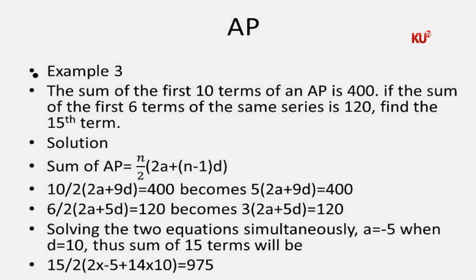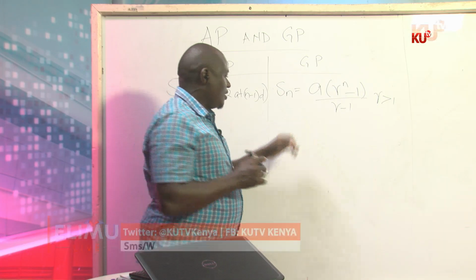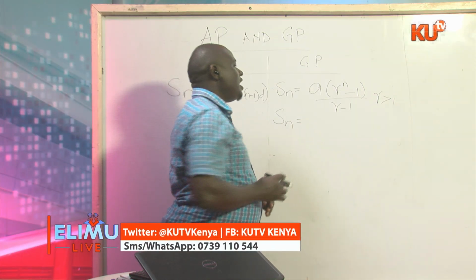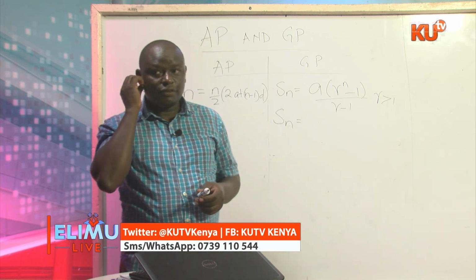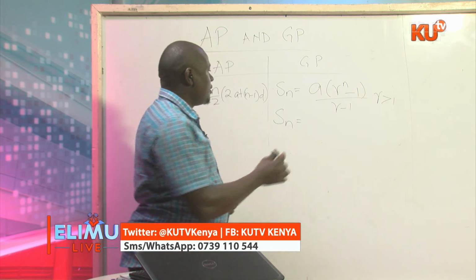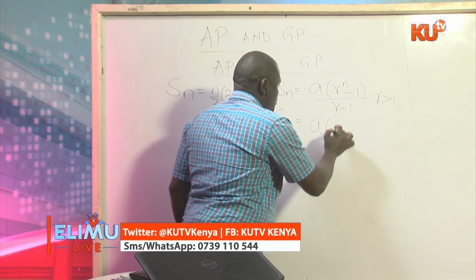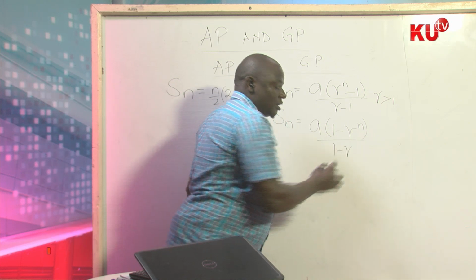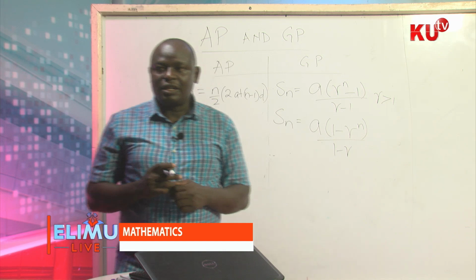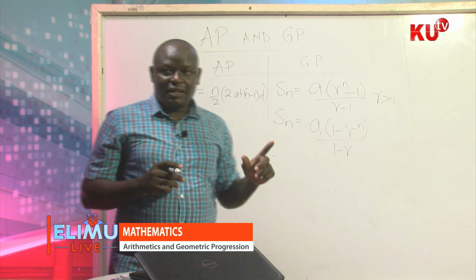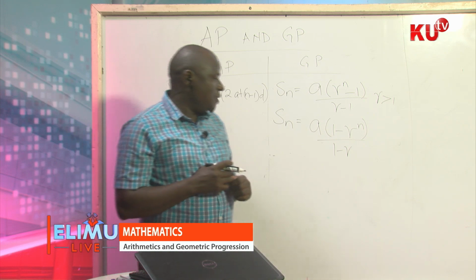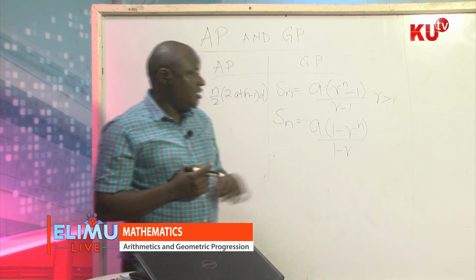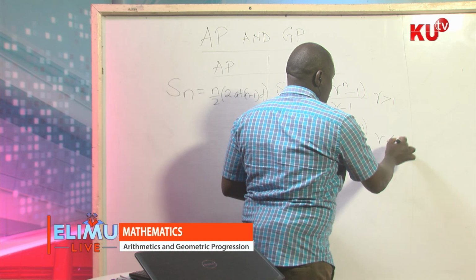And in this case, this is when r is greater than 1. We have another alternative in case r is less than 1. When r is less than 1, we have a into bracket 1 minus r power n, all that divided by 1 minus r.